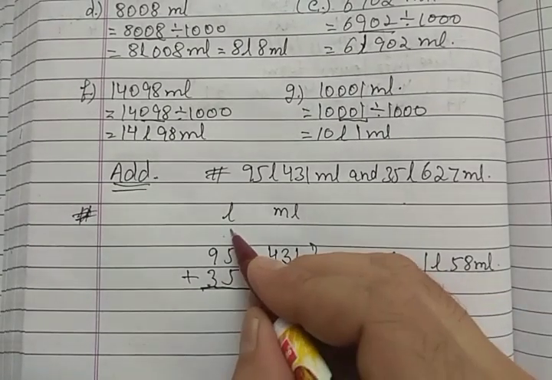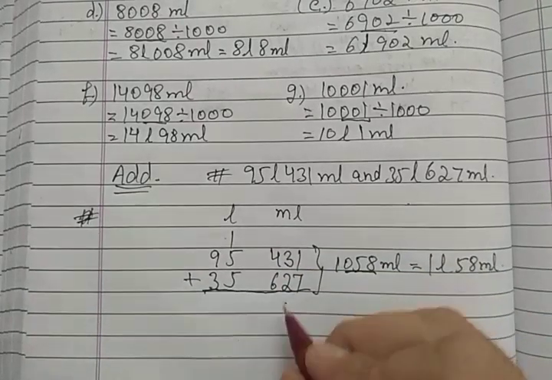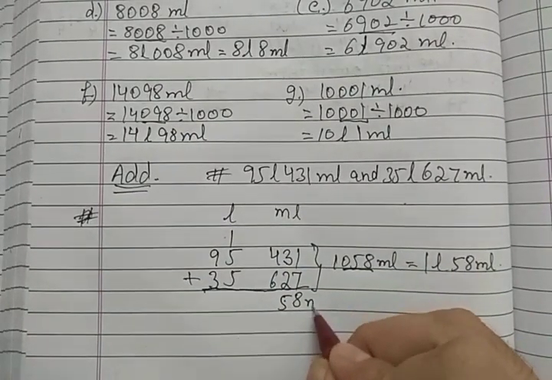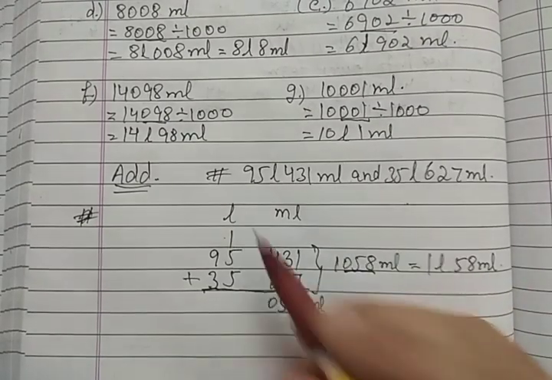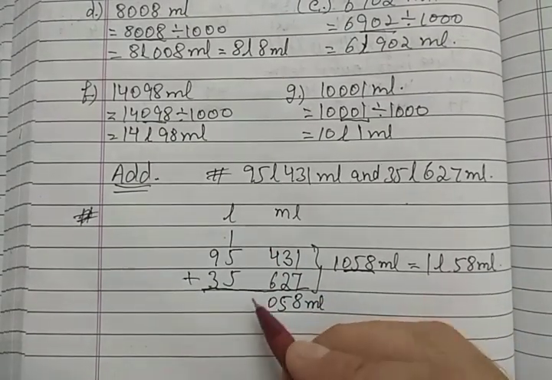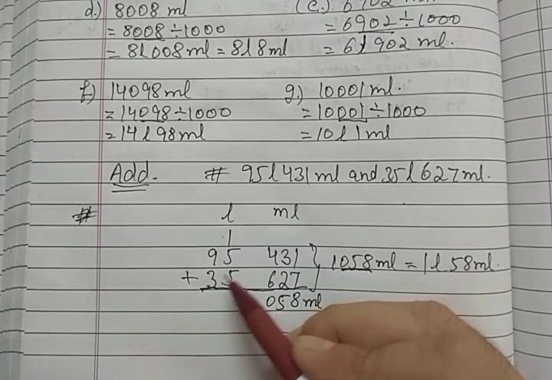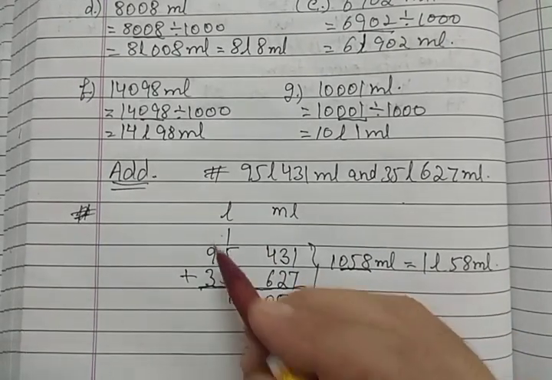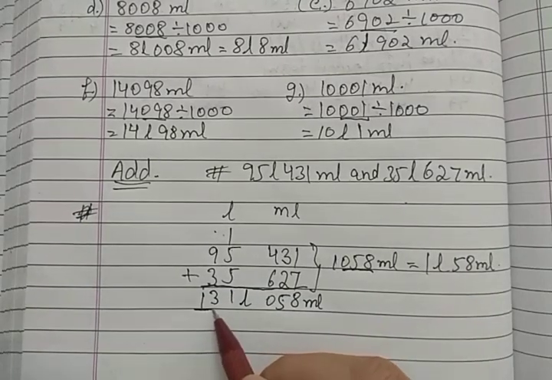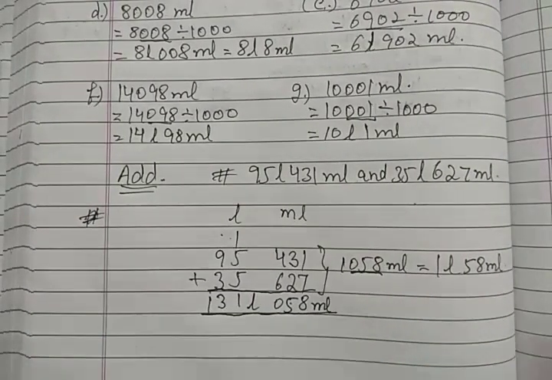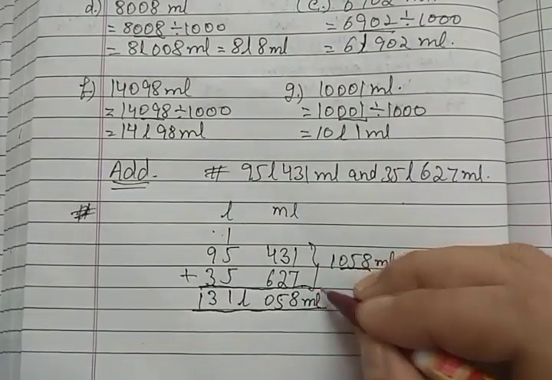So 1 liter will go as carry over and our answer is 58 milliliter. We will write over here. Now we will add the liters. So we will write liters here. So 5 plus 5, 10 plus 1 is 11. 9 plus 1, 10 plus 3 is 13. 131 liter and 58 milliliter. So this is the answer.